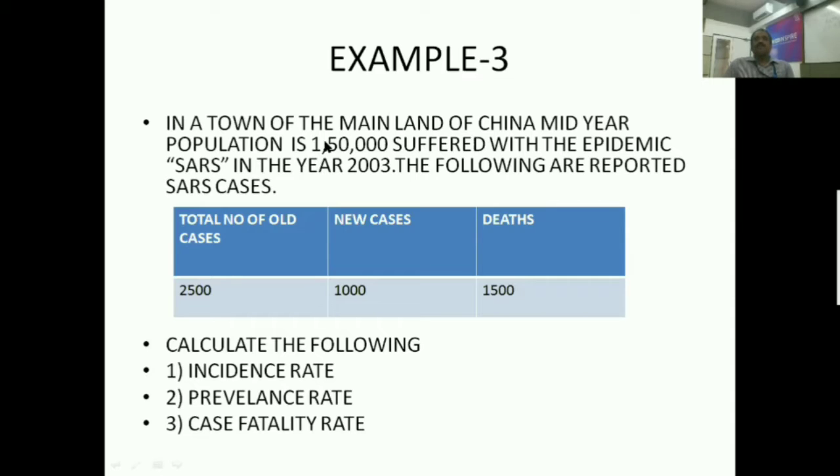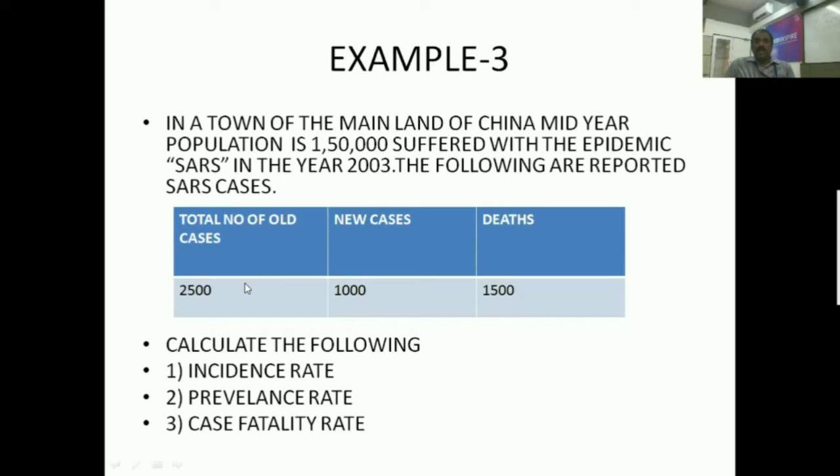In a town of the mainland of China, the mid-year population is 1,50,000 and suffered with the epidemic SARS in the year 2003. In the year 2003, the following SARS cases were reported.